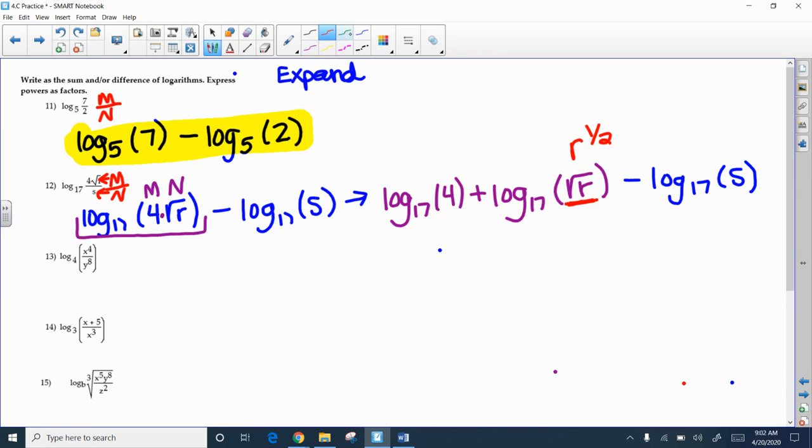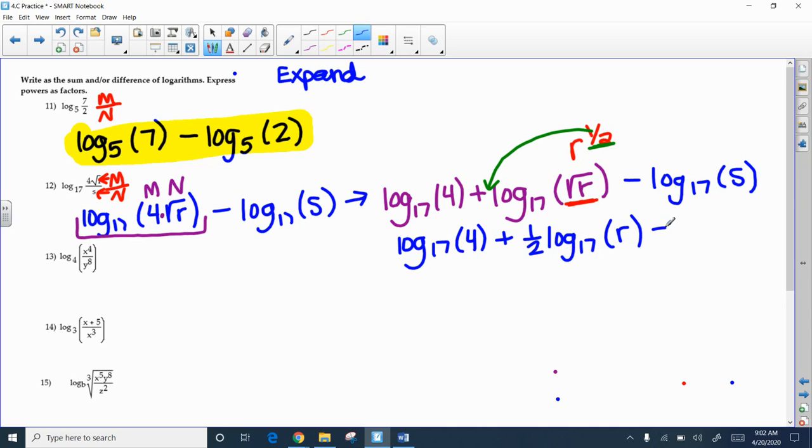Now, since the half is in the power, I could take that half and move it to the front of the logarithm. So here's what my final answer is going to look like. Log base 17 of 4 plus 1/2 log base 17 of r minus log base 17 of s. So this is our expanded answer.